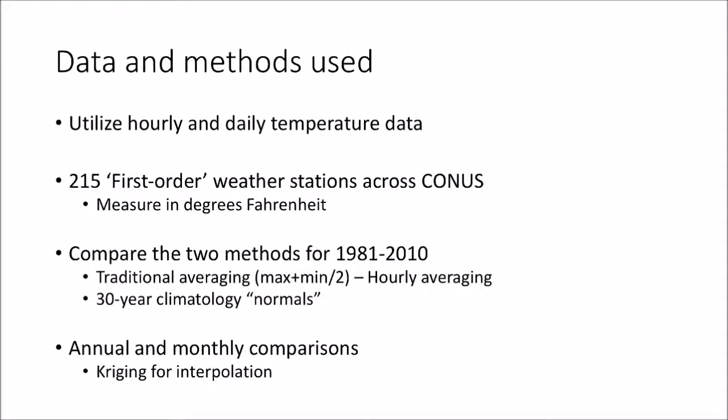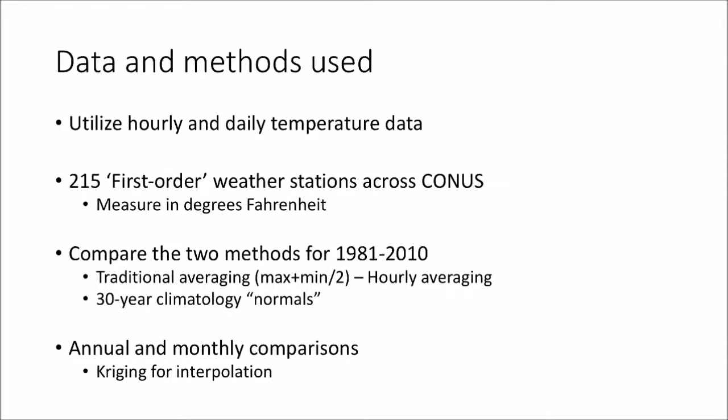I very simply compared the two methods of daily temperature averaging, just max plus min over 2, and hourly divided by 24, so 24 versus 2 observations, and followed the typical 30-year climatological normal, 1981 to 2010, for the 215 first-order stations.